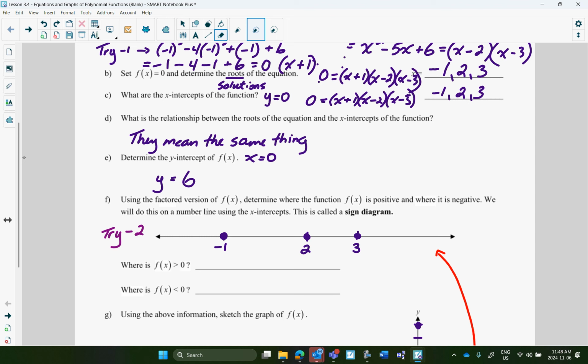So when I try -2, I'm going to plug in -2 plus 1, times -2 minus 2, times -2 minus 3.